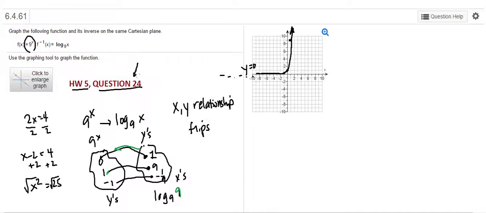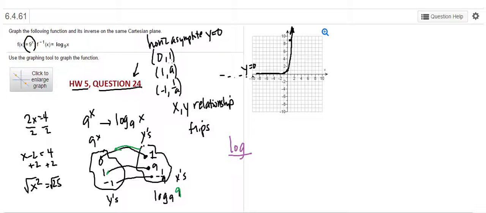Now from this video, we realized that every exponential function goes through 0, 1, 1, a, negative 1, 1 over a. All right, and we have a horizontal asymptote at y equals 0. All right, that happens to every basic exponential function. So what that means is if I'm doing an inverse, all these xy relationships flip. All right, so for a log, instead of 0, 1, I go through 1, 0.